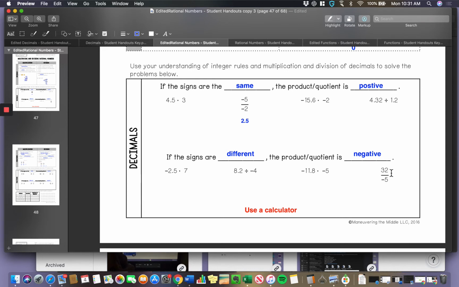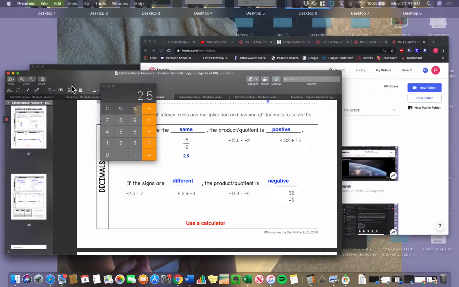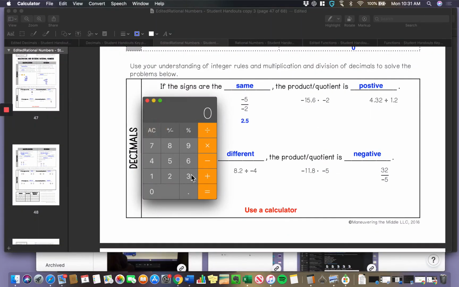And for the last one, a positive divided by a negative is going to be a negative. So if I have 32 divided by negative 5, you get negative 6.4.